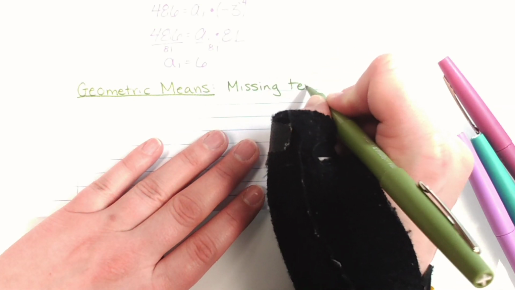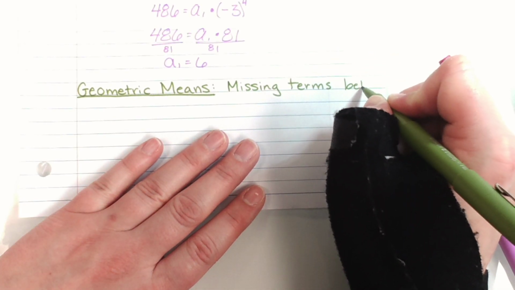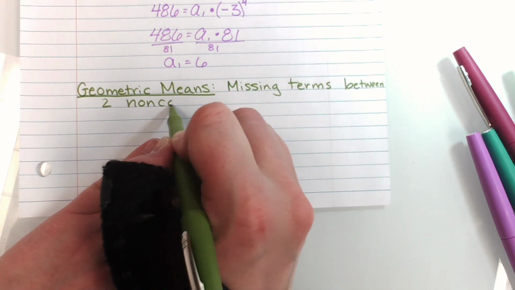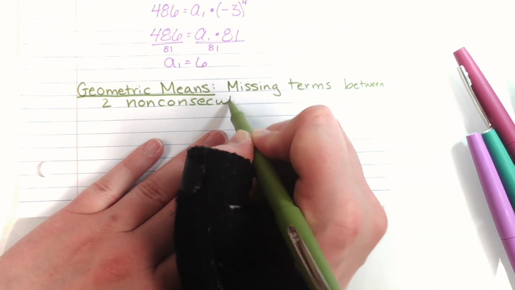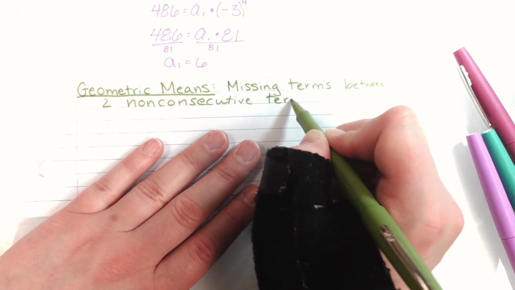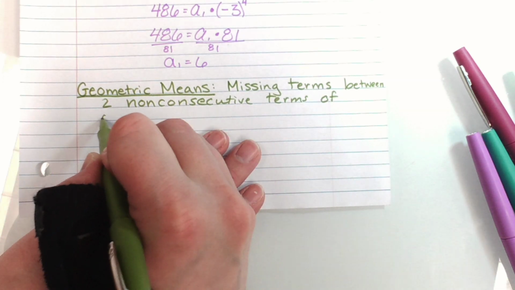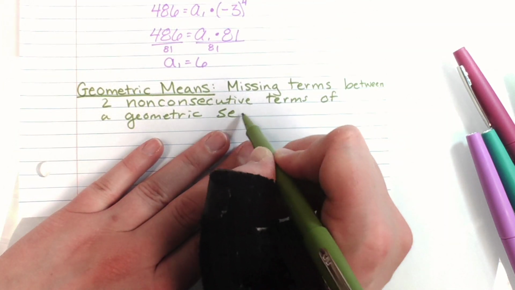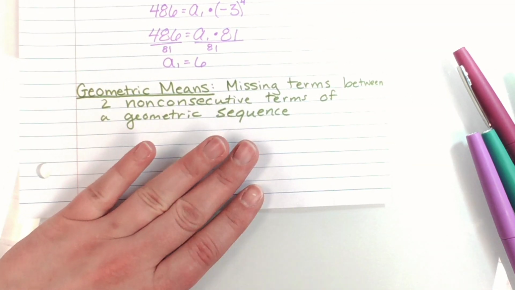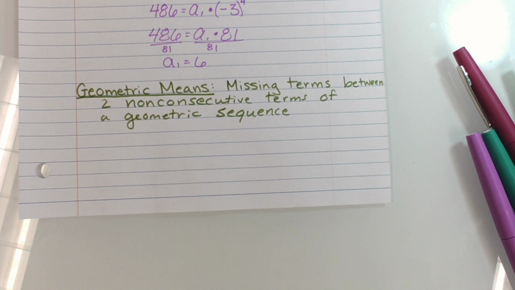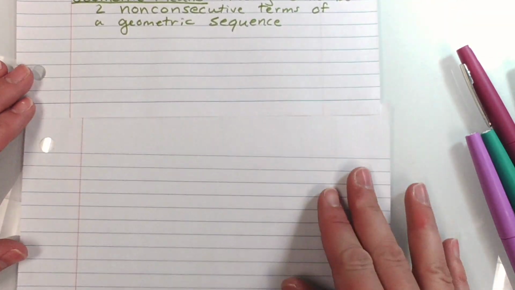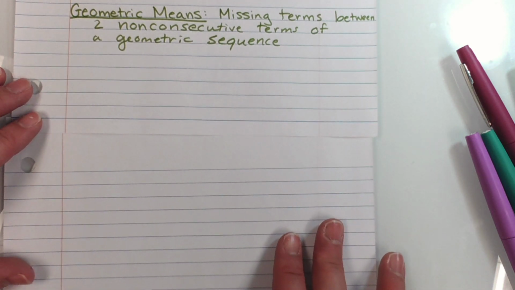There's what happens in the meantime between two non-consecutive terms of a geometric sequence. I'm going to need a little more room than that, so I'm switching pages.